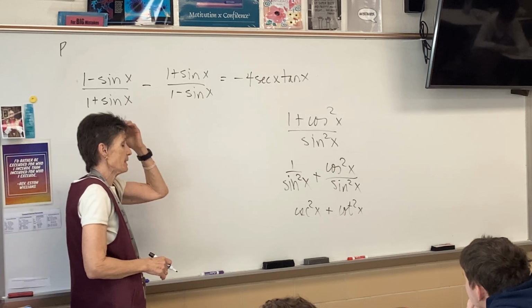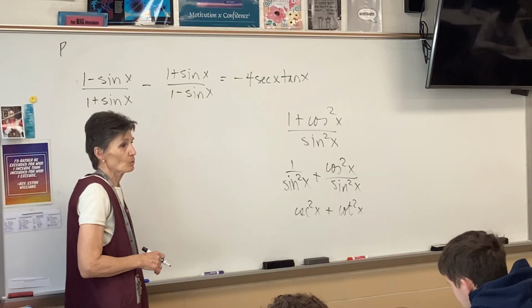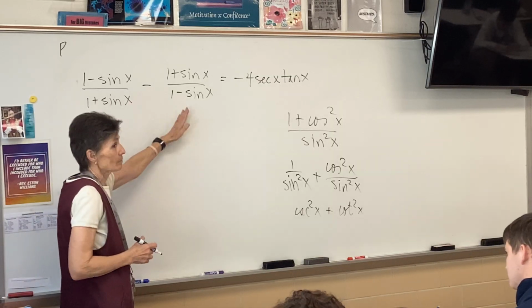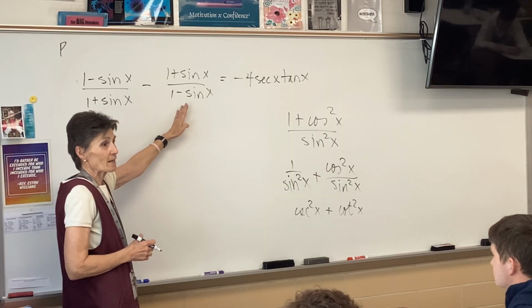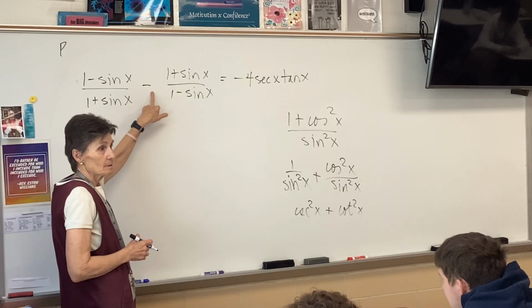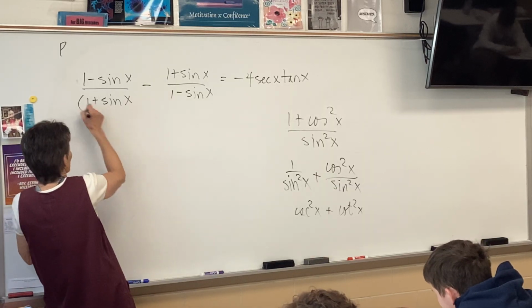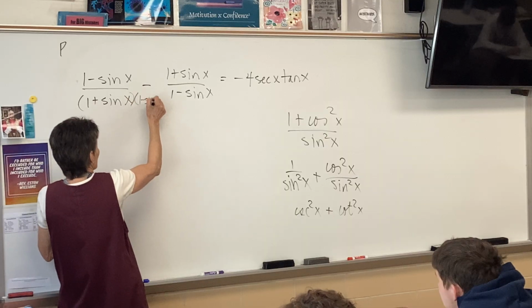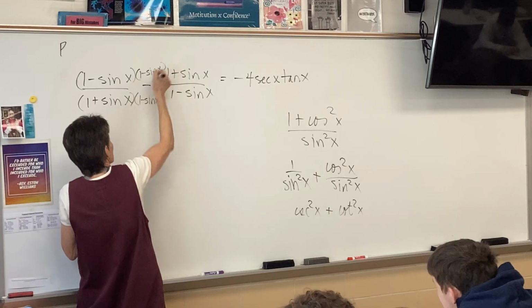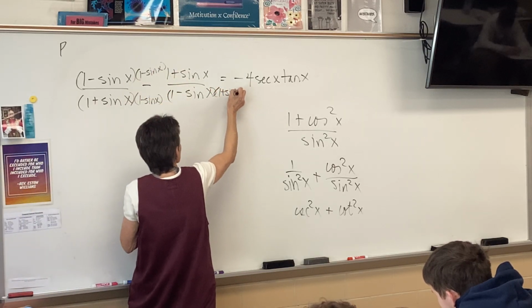Everybody should be writing right now because it's very similar to the one we just did. At least it's going to start the same way. What do we got? Fractions being subtracted. Gotta have a common denominator. And the common denominator will be 1 plus sine, 1 minus sine. So the first one needs a 1 minus. The second one needs a 1 plus.